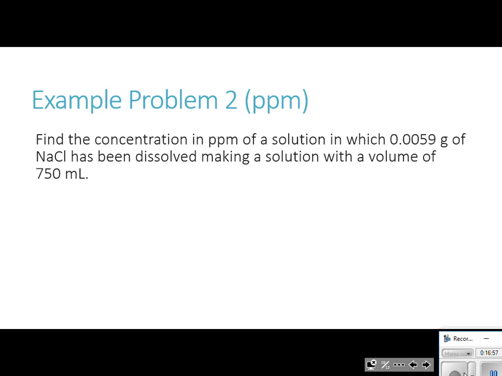Once again, step 1, convert all volumes to milliliters and all masses to grams. We've already done that. So step 2 is divide the amount of solute with the amount of solution. So my amount of solute is 0.0059 grams. The amount of solution is 750 milliliters.